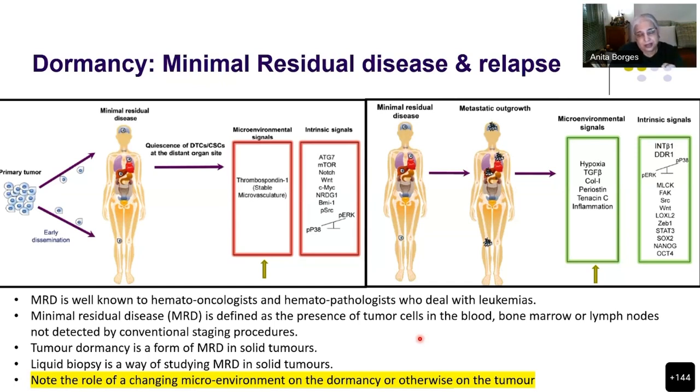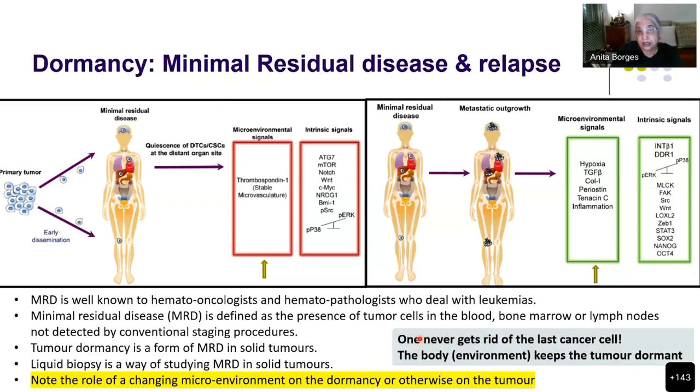And it's because you never kill the last cancer cell. It is the body and the microenvironment that makes that cancer, controls that cancer. Yeah. It's when the environment changes, for a variety of different reasons, that cancer may once again become active.